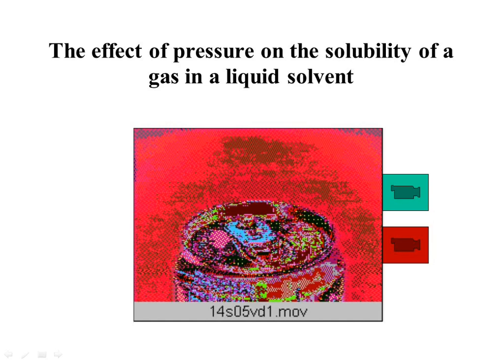They pressurized it with CO2 gas. And Henry's Law says that how much CO2 gas can be dissolved in that sugar water is a function of the partial pressure of the CO2 gas at the very top. I usually use the word headspace, a little headspace above the liquid.